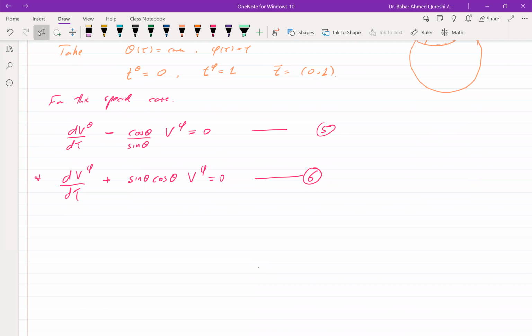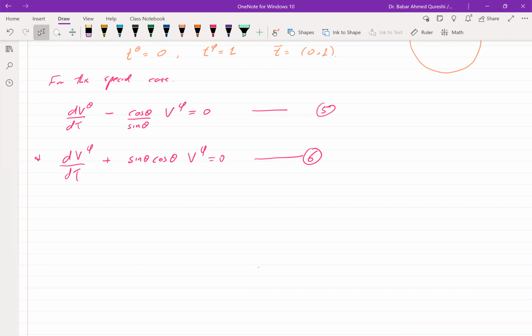So I have now got these coupled equations in theta and phi, and I can try to solve them by standard techniques. One of the standard techniques is that I disentangle them by taking another derivative. So from 5, if I take the derivative, I have another derivative, dv phi over d tau is 0.